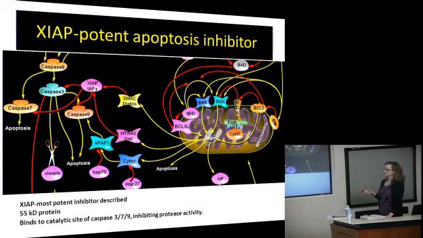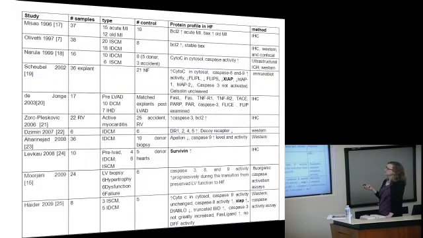And it binds to the catalytic sites of these terminal caspases, caspase 3, 7, and 9. So it's a very potent inhibitor. And so looking at the literature, this is an analysis of 11 publications that looked at different apoptotic proteins in human heart failure.